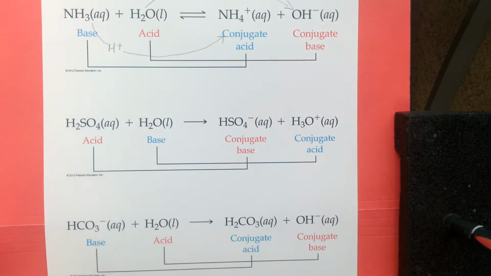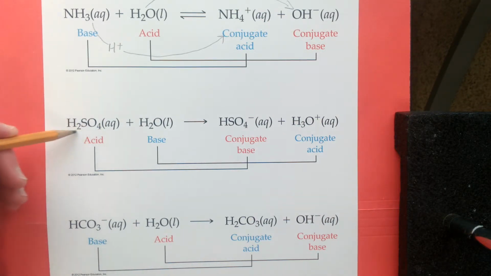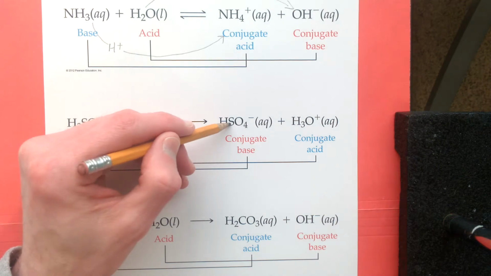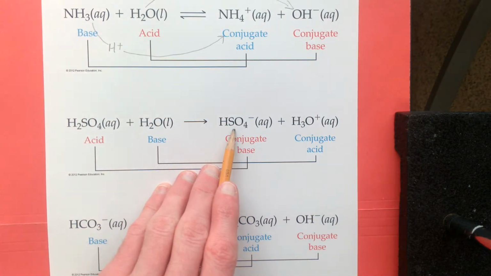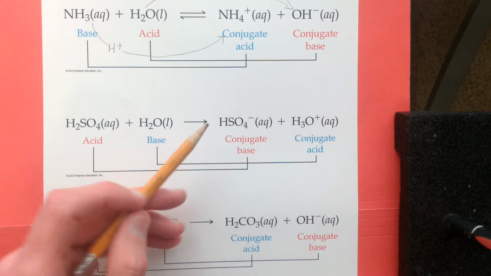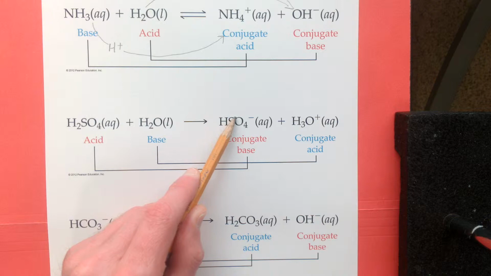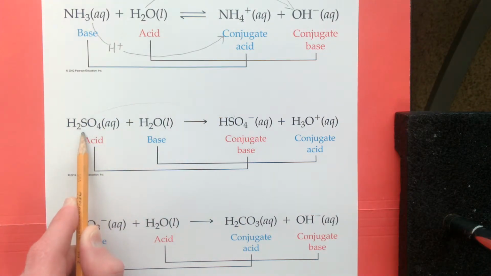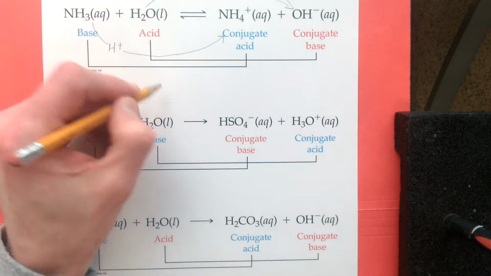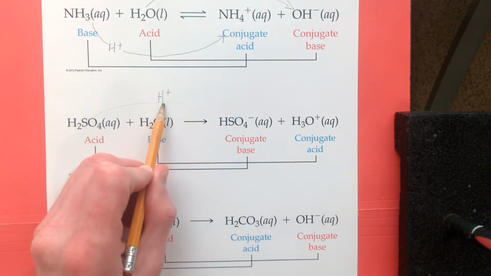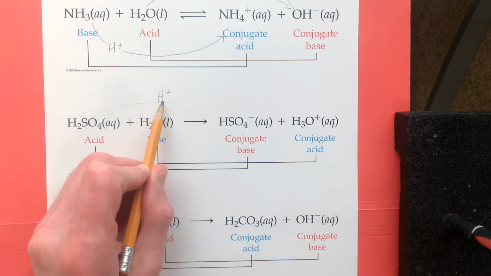How these work is, when the original acid, like this sulfuric acid right here, donates the H plus, the remaining species, what is left behind of the sulfuric acid, is called the conjugate base. Because if this conjugate base species were to reverse itself and come back to the original acid species, notice what would happen. It would accept an H plus, a hydrogen ion.